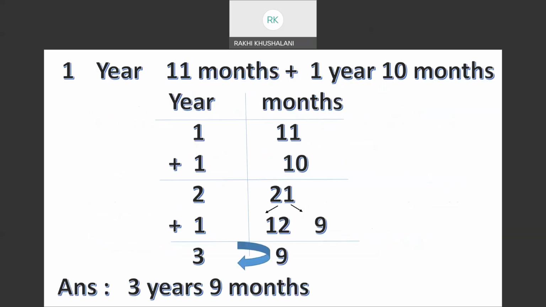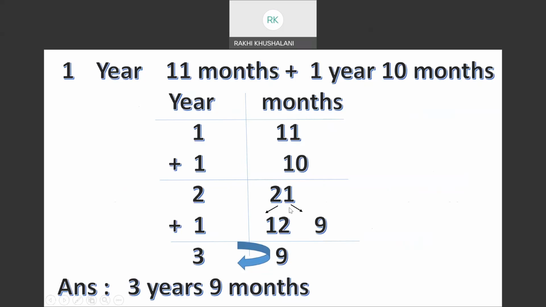Now, one more thing you see here, 1 year, 11 months plus 1 year, 10 months. So children, always follow, whether in case of time or year and months, you have to follow. Year is given here 1 year, 11 months, and another year is given 1 year, 10 months. When I do the addition, I get 2 years, 21 months.